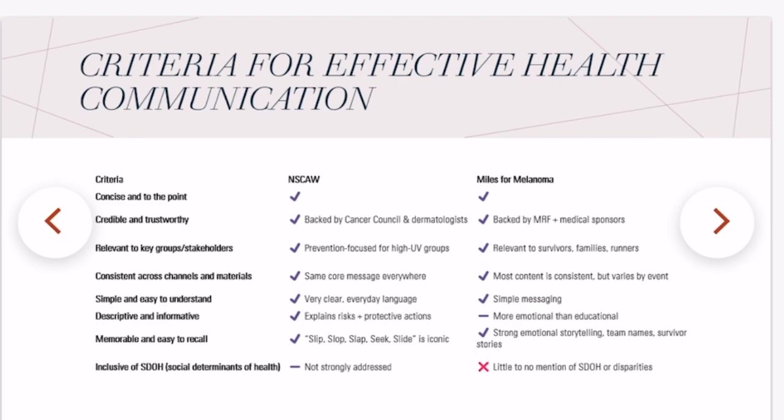They're both memorable and easy to recall, and for the social determinants of health, they're not strongly addressed in the first campaign, and there's little to no mentions of social determinants of health in the Miles for Melanoma either.